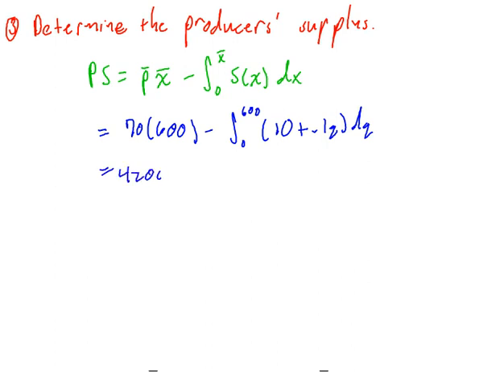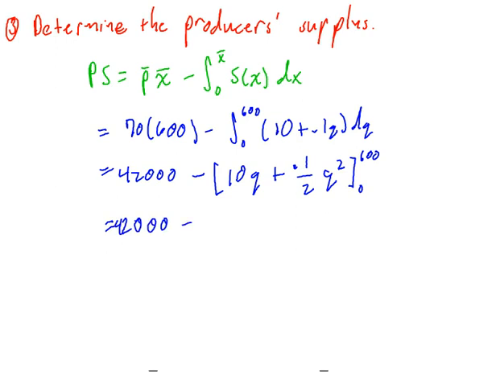That would be 42,000 minus, integrating this, 10Q plus 0.1 divided by 2 Q squared, evaluating that from 0 to 600. So that would be 42,000 minus, if you plug that into your calculator, 24,000. So our producer surplus would be $18,000.